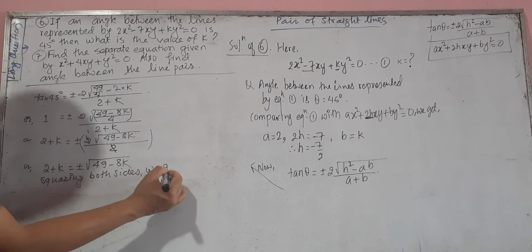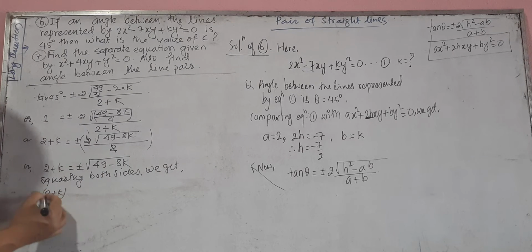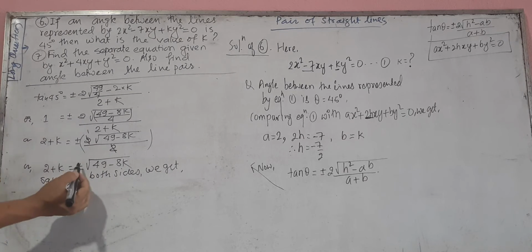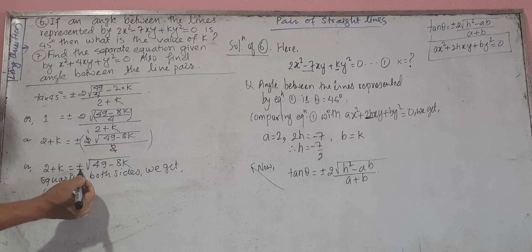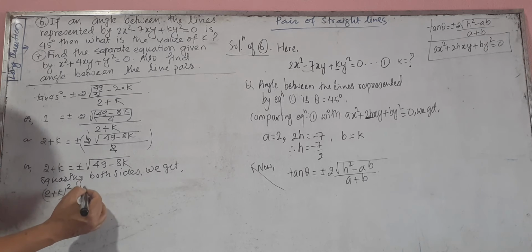Squaring both sides, we get 2 plus k whole square equal to, now the square of plus is plus and the square of minus is also plus, so we do not write the sign, we just write 49 minus 8k.